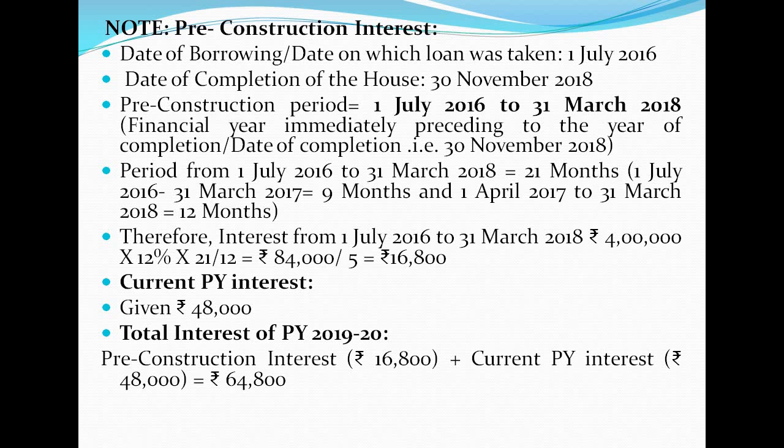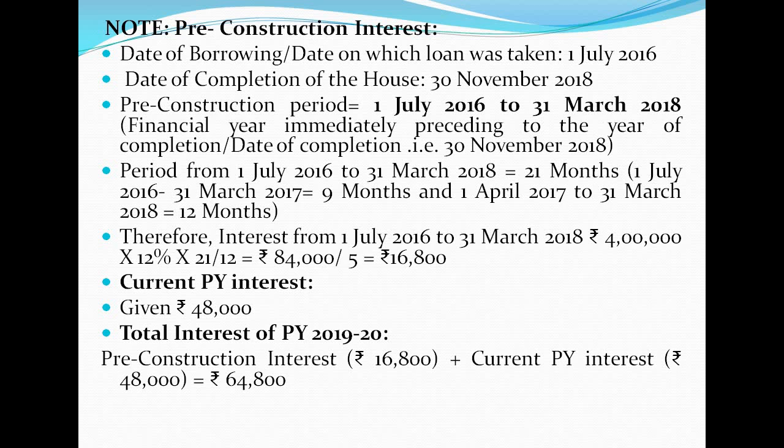So the pre-construction period will be 21 months in total. That is from 1st July 2016 to 31st March 2017, which is 9 months, and from 1st April 2017 to 31st March 2018, which is 12 months. So the interest for the pre-construction period will be in total 84,000. This 84,000 will be allowed as deduction under section 24B in 5 previous years. So for the current previous year it will be 16,800.